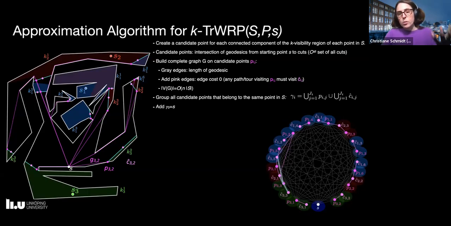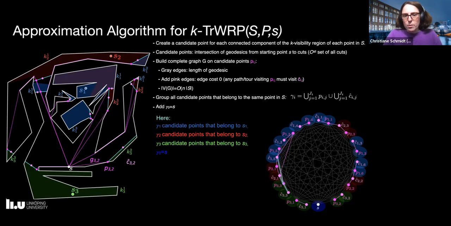And we add another group in which we just have our starting point. So here we have gamma 1, indicated in blue, all those that belong to S1, gamma 2 in red, those that belong to S2, green are those that belong to S3, and then gamma 0 is just S.